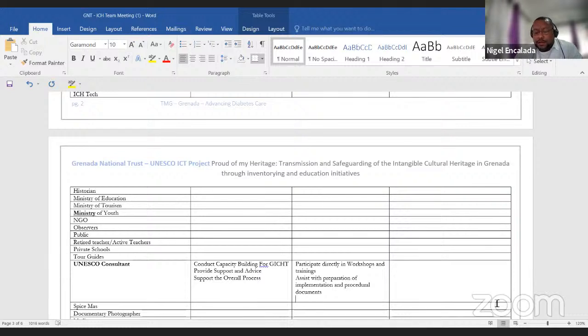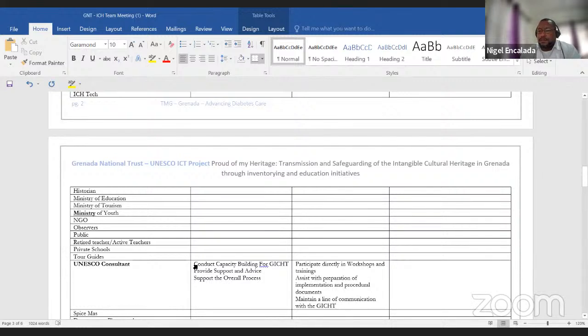Part of the process is to maintain a line of communication with the GICHT.